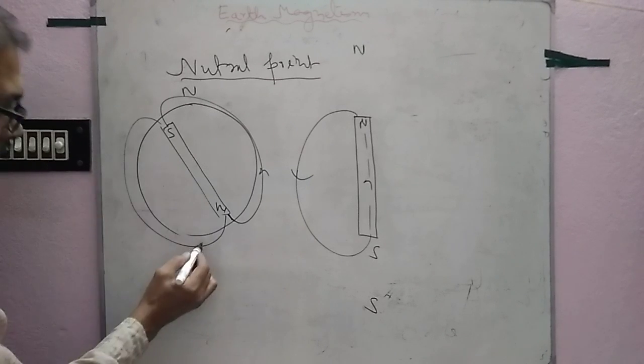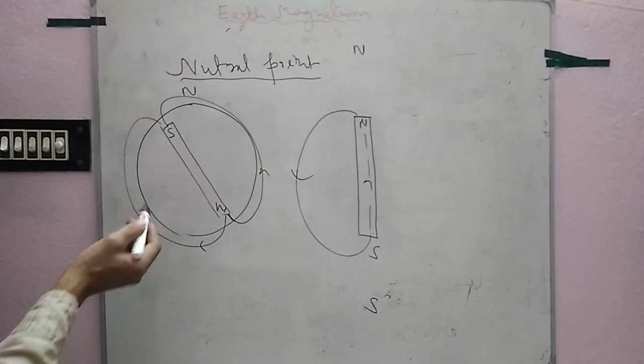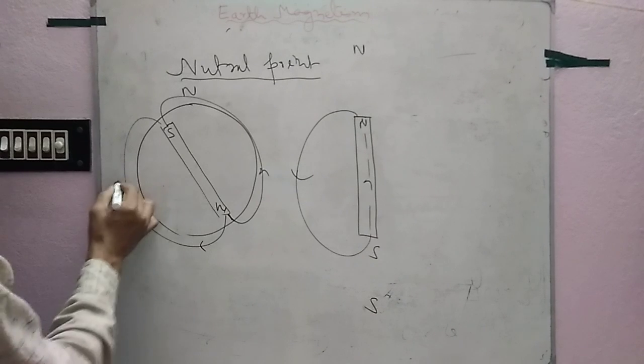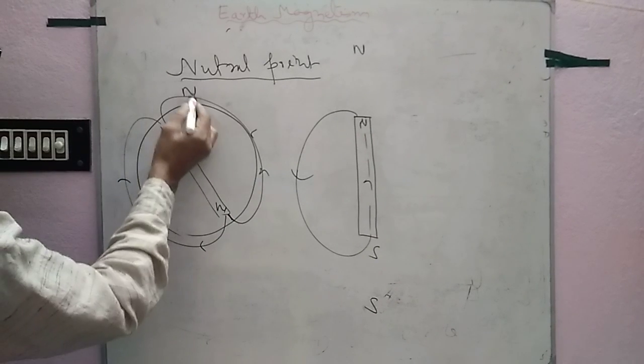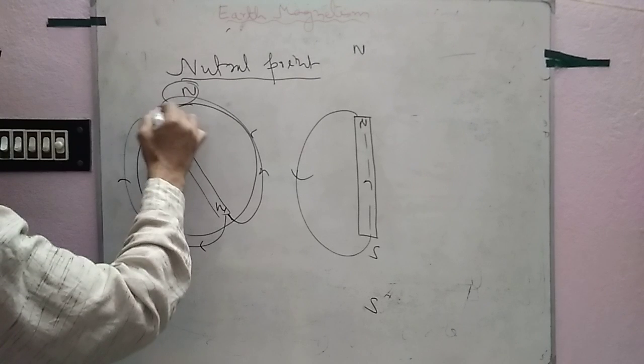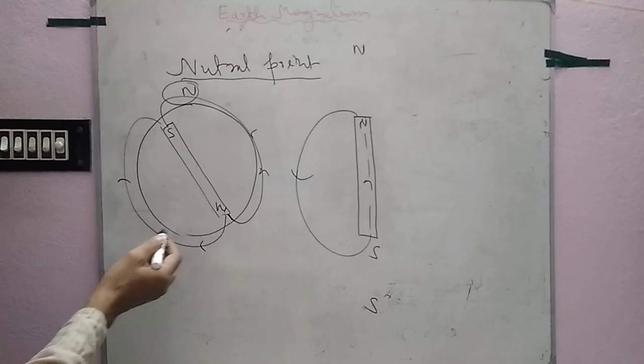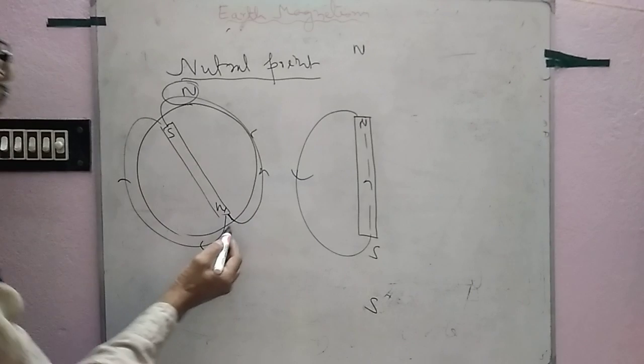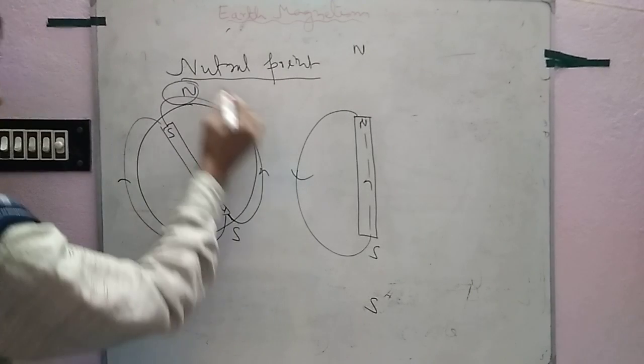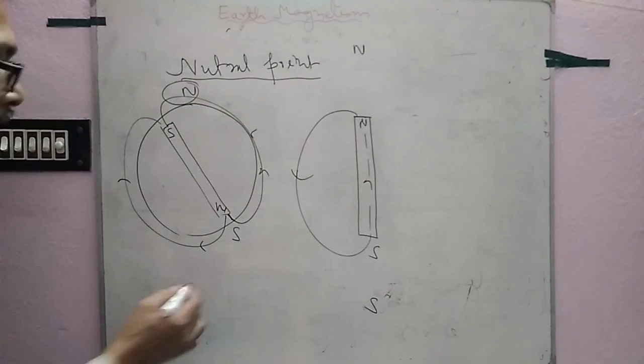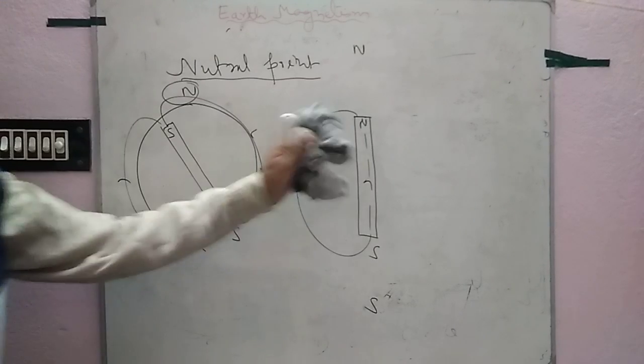Very important point: for the Earth, the lines of force start from the south and end at the north, just opposite to the bar magnet.